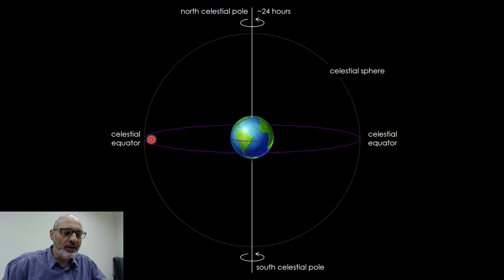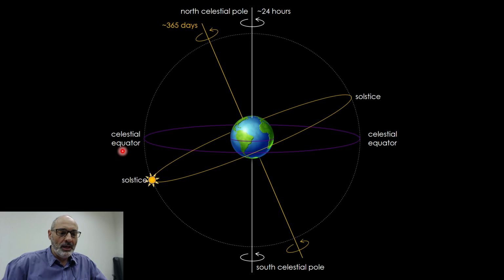The projection of the equator on the celestial sphere we are going to call the celestial equator. If we project the translation of the sun on the celestial sphere, we have the ecliptic.